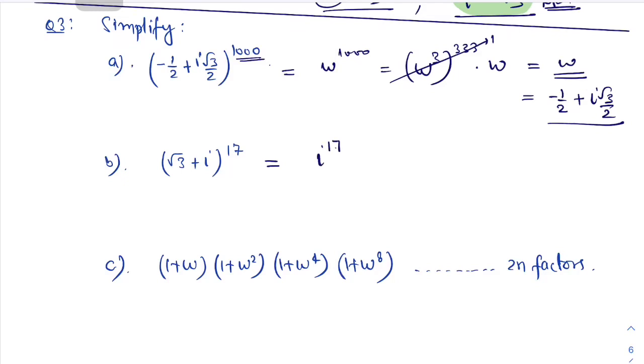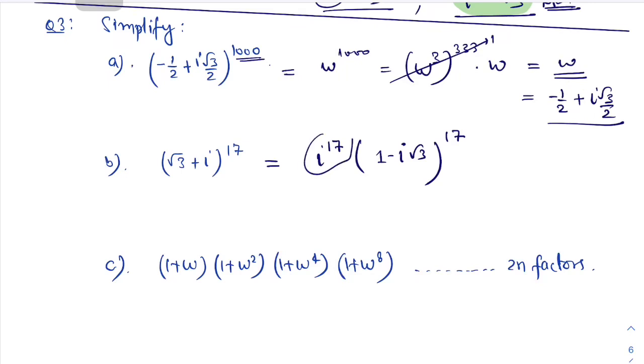So if we take iota common from the bracket, it will be iota to the power 17, and in the bracket we are left with 1 plus root 3 upon iota, whole to the power 17. But this 1 upon iota is nothing but minus iota.